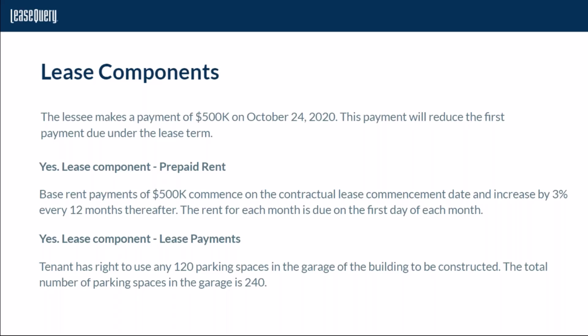In this situation, because the tenant has the right to any of 120 parking spaces of that garage of 240, effectively the tenant can just use 50% of the parking spaces, right? But there are no specific spaces that the tenant has a reserved space noted for.